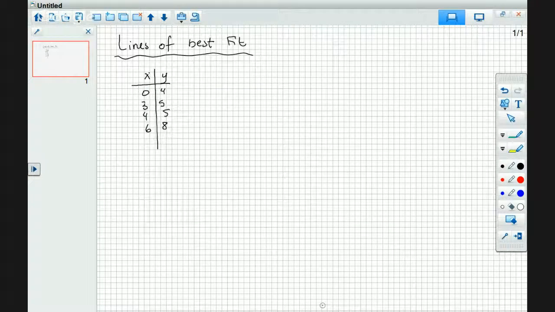Just a generic math example of how to calculate a line of best fit.